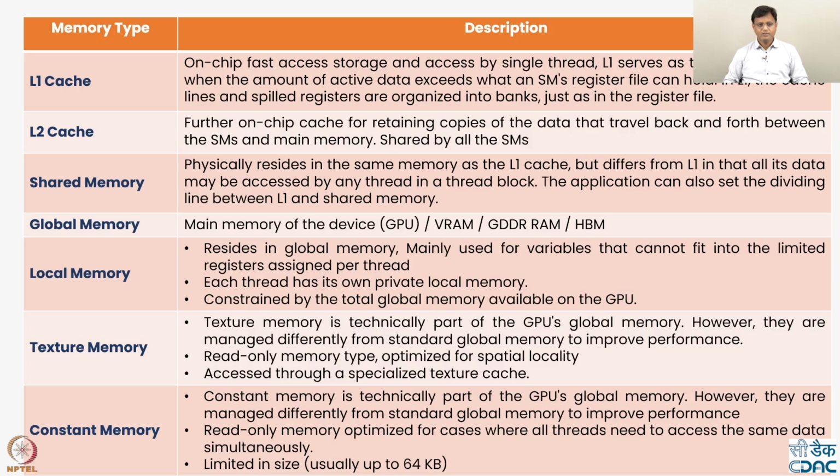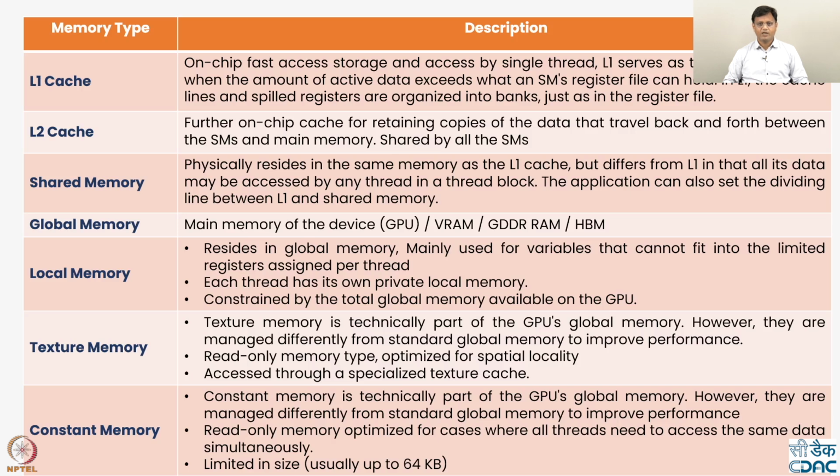Apart from this memory, there are some caches also available on each NVIDIA GPU. We have already discussed the L0 instruction cache and data cache, which is available inside each processing block. Apart from that, there is an L1 cache and L2 cache. The L1 cache is an on-chip, fastest access storage.